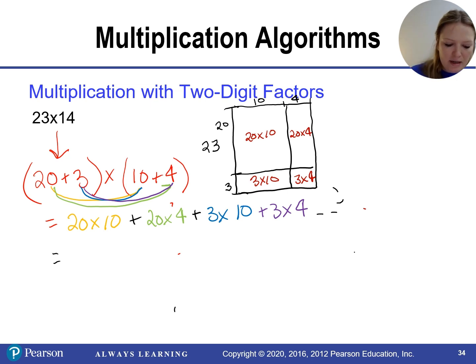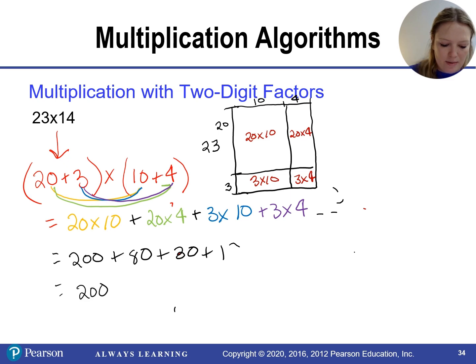And then I can simplify each of these components of my sum. So 20 times 10 is 200, plus 20 times 4 is 80, plus 3 times 10 is 30, plus 3 times 4 is 12. So that gives me 200 plus 80 plus 30 is 310, plus 12 is 322.